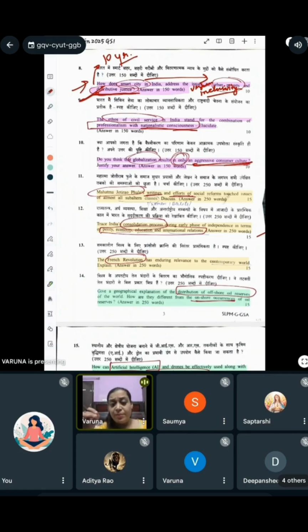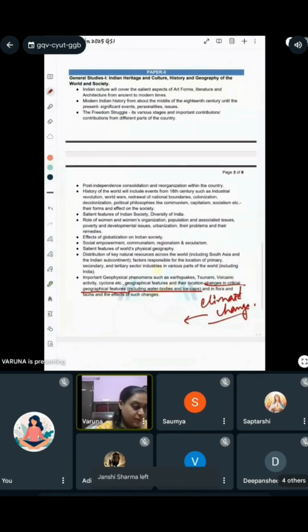So whenever you are preparing a particular topic, try to figure out what all aspects or dimensions you can address. Take the syllabus and look for all the topics which can be related to that particular topic. Let's say you are preparing urbanization, or the smart city mission because it is mentioned in the news. Now sit with the syllabus and try to figure out how it can be related to other things. Then you will come across that the UPSC syllabus mentions urbanization and their problems and remedies, right?